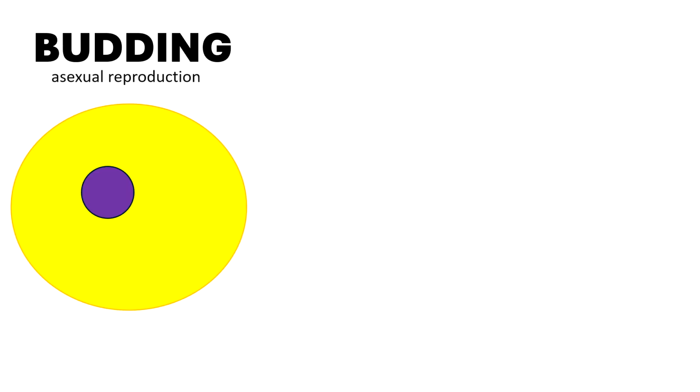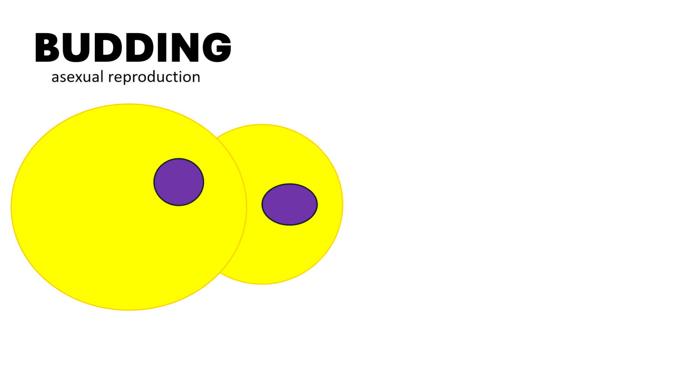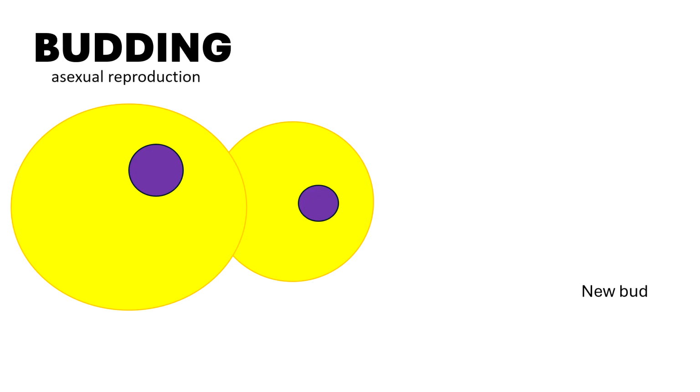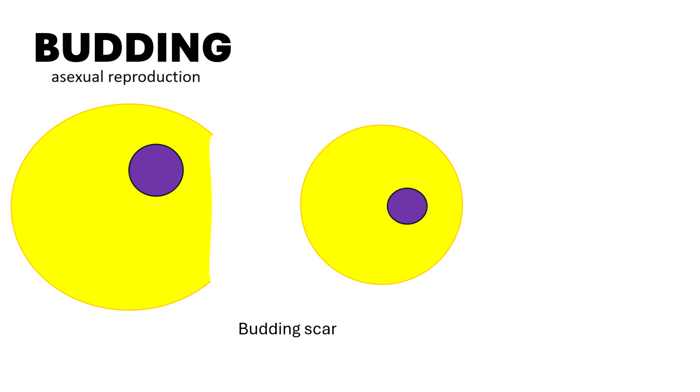Budding is a form of asexual reproduction in fungi, okay? And it starts with the parent cell doing the following. It forms a developing bud, which turns into a new bud, which turns into a budding scar, this hole right there.